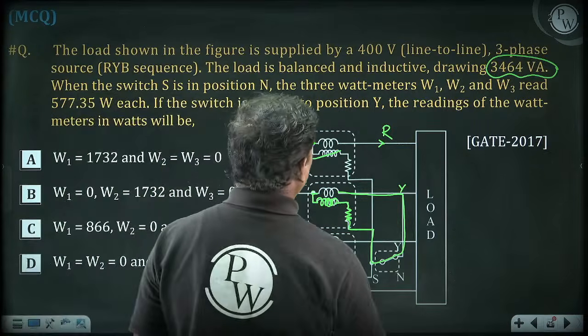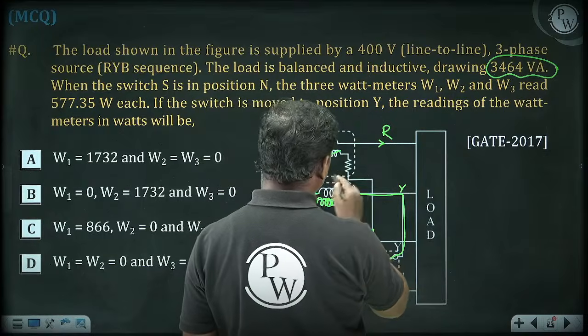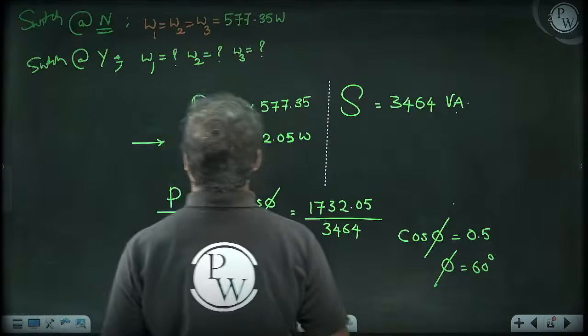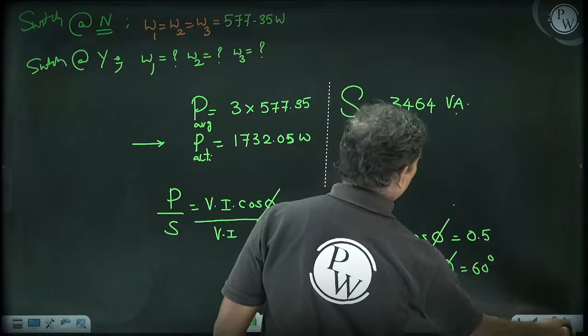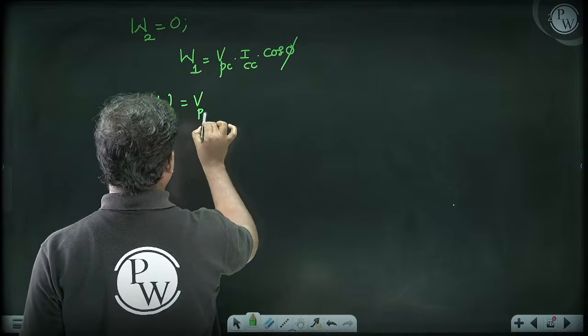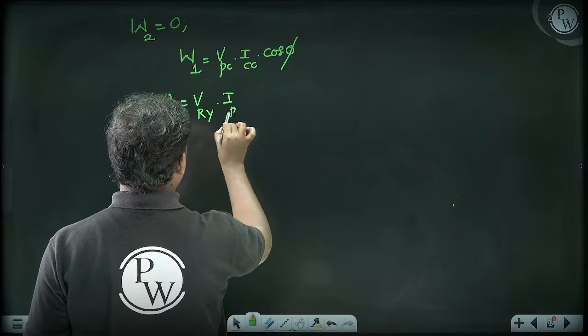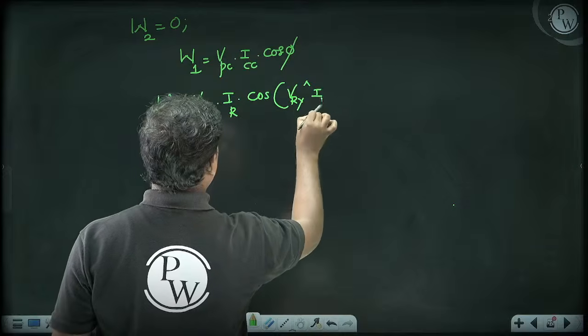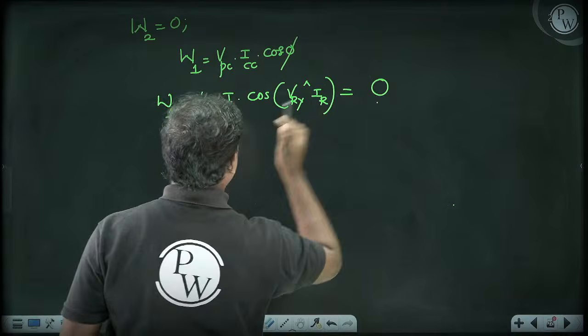Obviously, W1 is also equal to 0. That is also good shorted here. Why? Because W1 is coming as what? W1, you can take it as VR by IR into cosine VRY and IR. So this is also going to be 0.